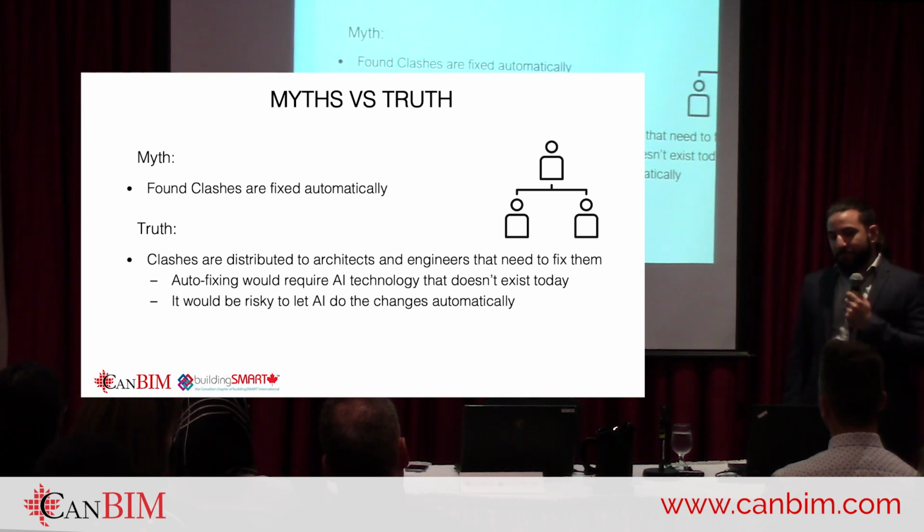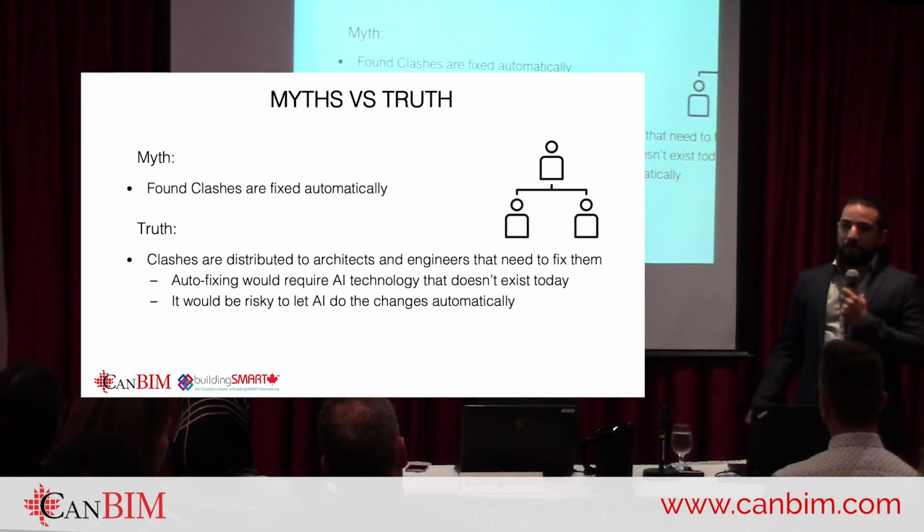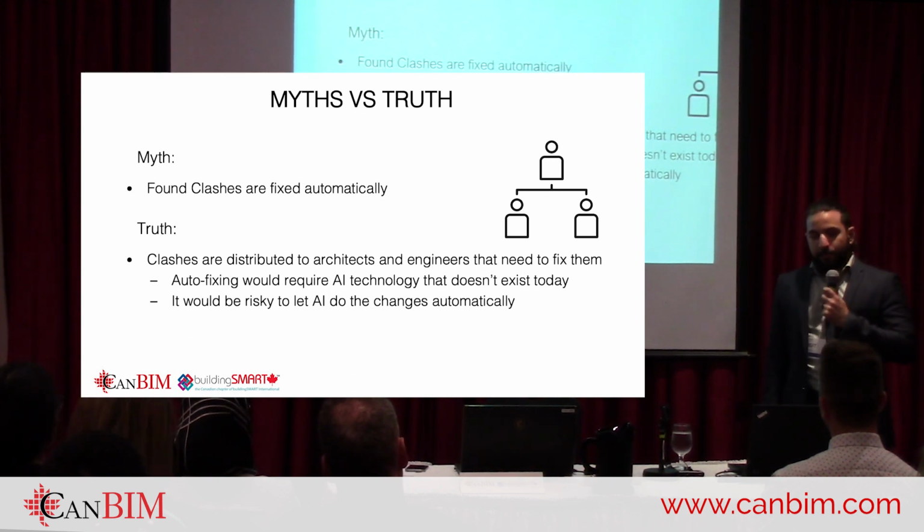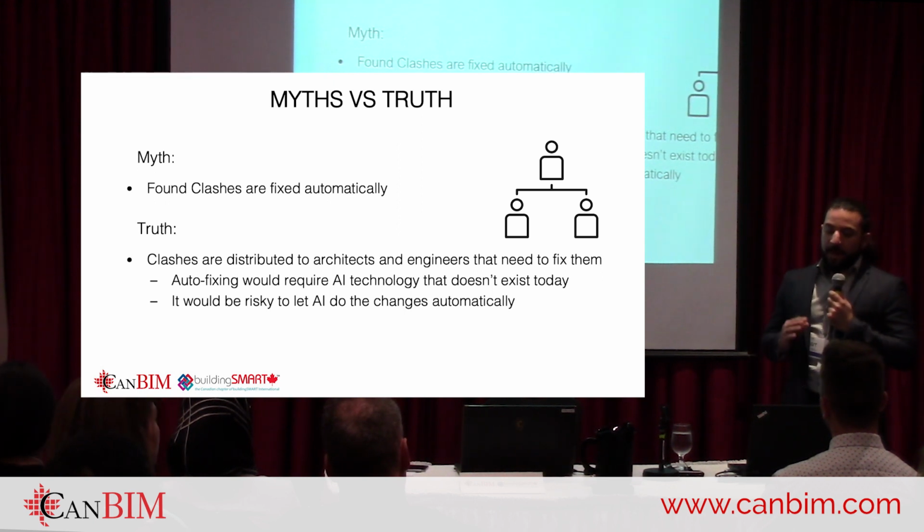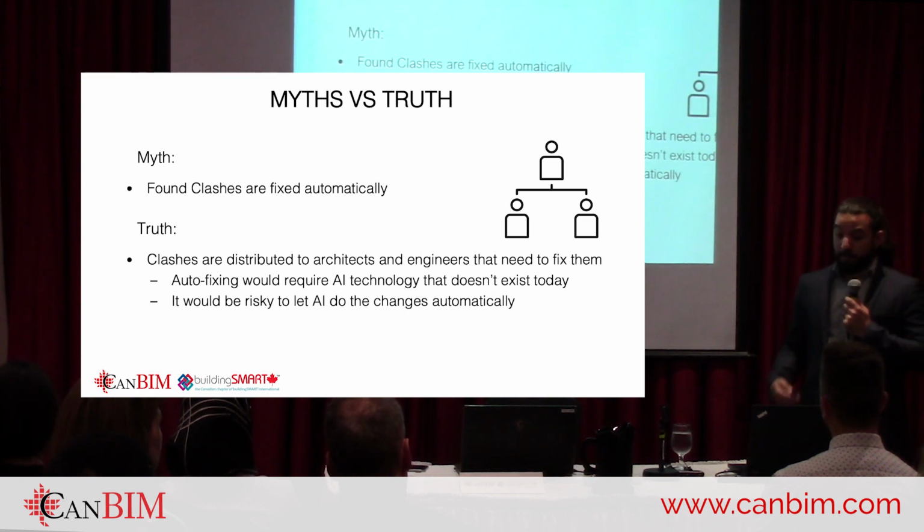And your software decided, oh, I'm just going to move the railing down. Now it's not code compliant. So that wouldn't really work great. It would really require a lot of advanced AI technology that, to my knowledge, doesn't exist on the market today. So for now, we're going to have to handle these one at a time and fix them with real people.